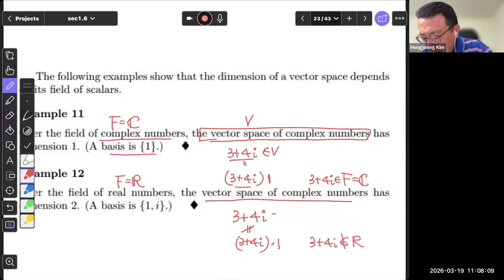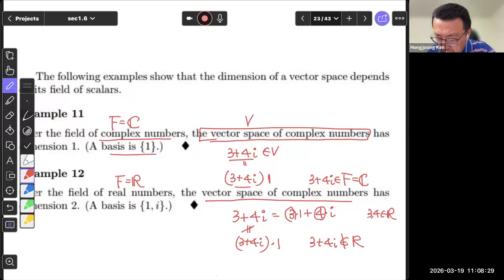Instead, you need to use two different vectors in a basis, say something like 3 times 1 plus 4 times i. Then this 3 and 4 are real numbers.